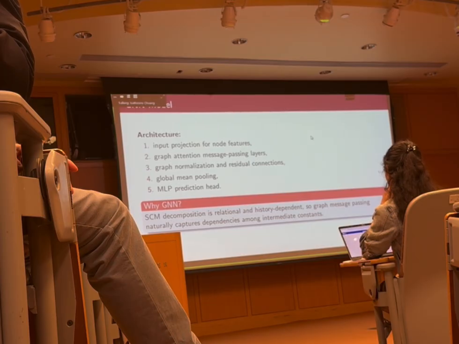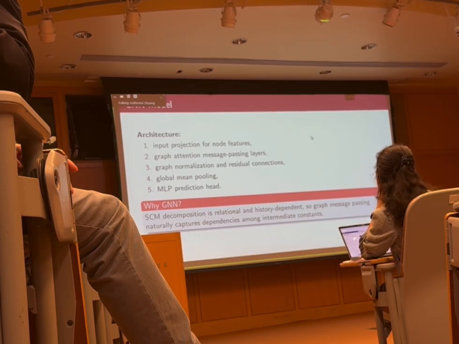So why we are using GNN here is quite interesting. My advisor and I have tried a lot of architectures like the normal CNN, LSTM, even some random forest, something like that. However, those architectures did not perform well. Only when we tried the GNN did we find that, oh, the performance is pretty good.